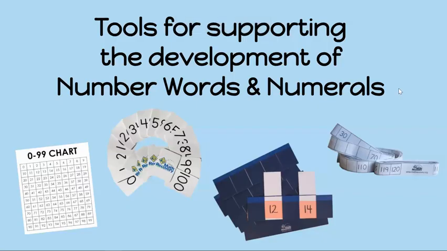There are some tools that are helpful for supporting the development of number, words, and numerals. I'll go over more about this 0 to 99 chart in a moment. In your AVMR 1 kit, you should have received this large deck of cards with numerals from 0 to 100. These next two items unfortunately did not come with our AVMR 1 kit, but they are referenced within the purple book and the teaching materials.